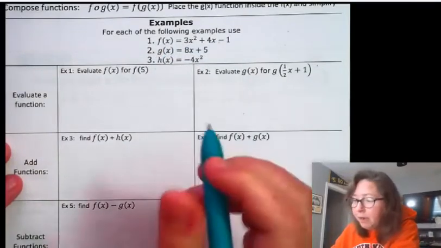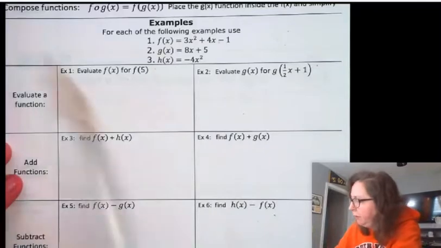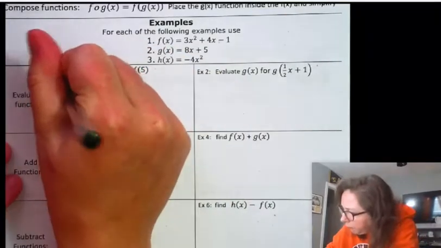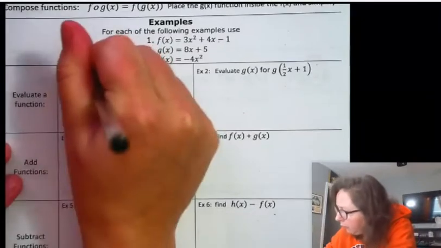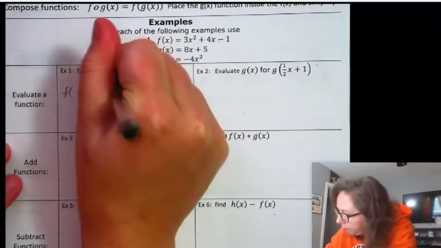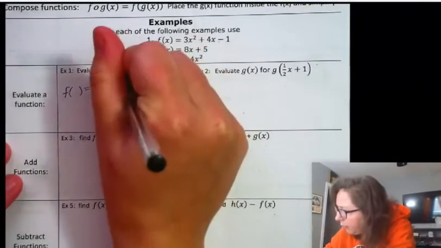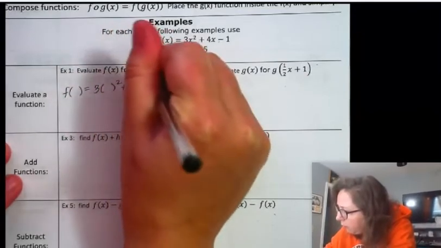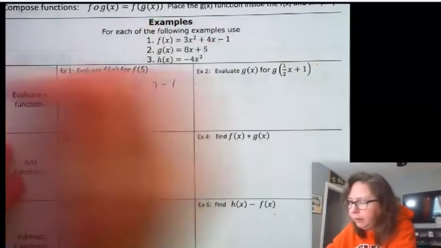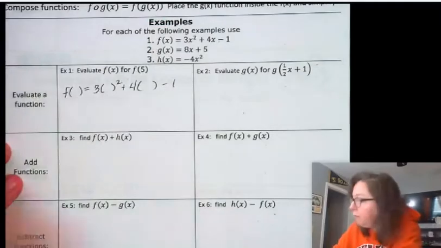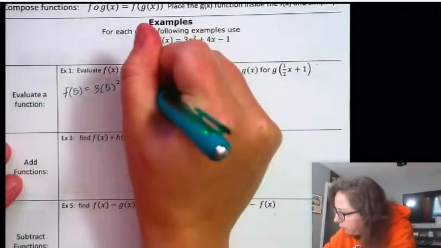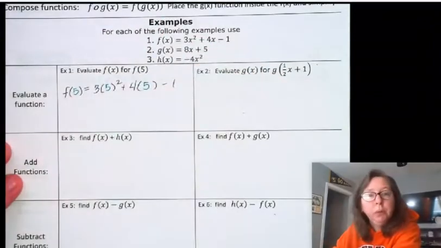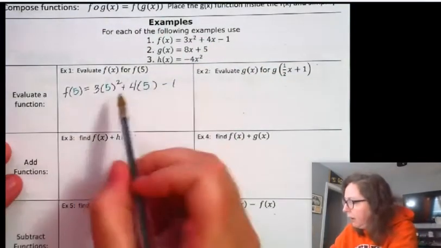F of 5, let me do a little bit of color coding. F of 5 is going to equal 3 parentheses squared plus 4 parentheses minus 1. And we're going to go ahead and plug in a 5 everywhere that we originally had an x value.